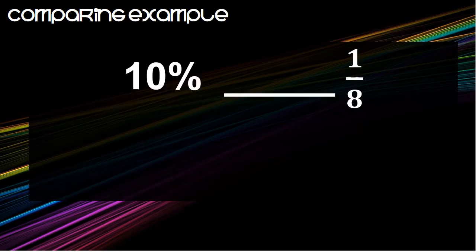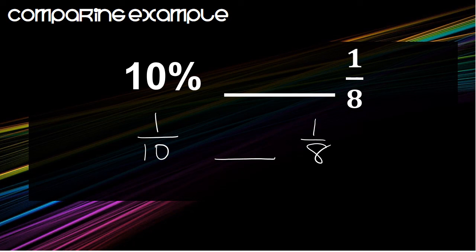So here's an example. Just like how we order the fractions, decimals, and percents, when we compare, we want to try to find a common format to easily look at and compare these two numbers here. So with 10% and 1/8, I'm going to change 10% into a fraction. So I know my fraction for 10% is 1/10, and I'm going to compare that to 1/8.